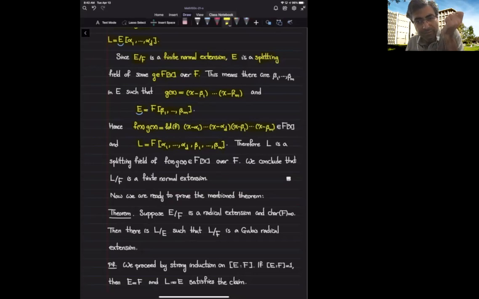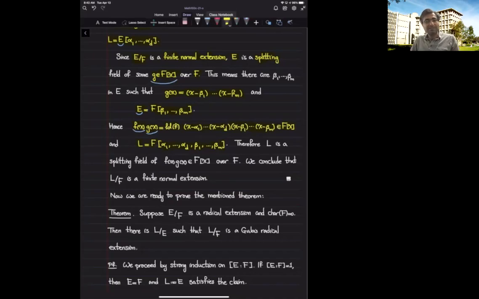Now here is the key property. Because f was inside F bracket x, and g we chose in a way to be in F bracket x, we deduce that both of these factors are in F bracket x, and therefore their product is also inside F bracket x.